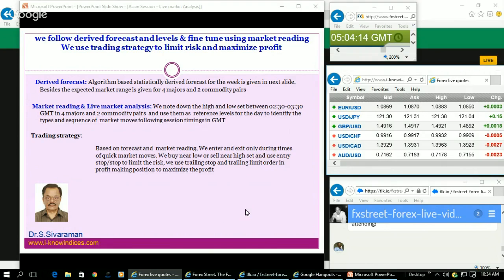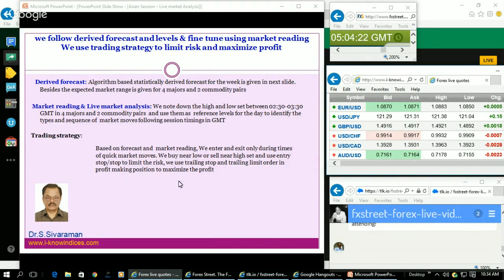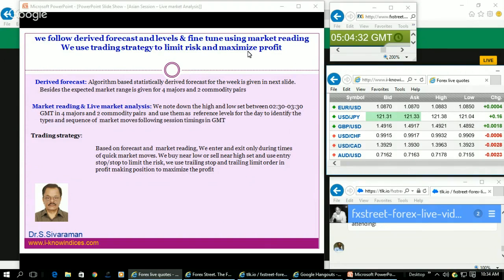When the market moves in our favor, the trailing stop will also move closer to the market, and the trailing take profit order will also trail away. As a result, we will be able to maximize the profit. That way, we limit the risk and maximize the profit, and that is the basic trading strategy we use in order to consistently earn money from the market.